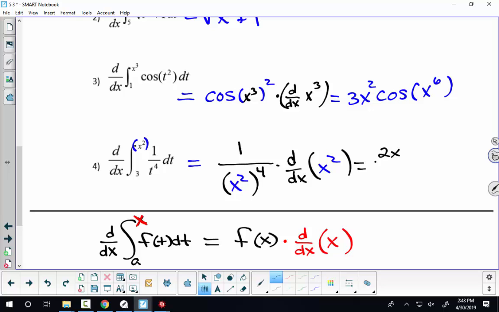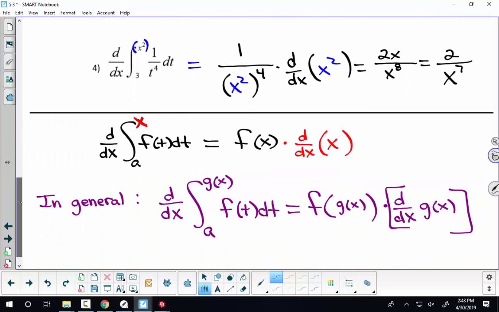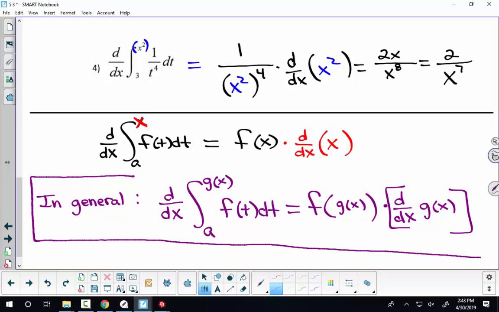So we have 2x divided by x squared to the 4th, x to the 8th, and 2x over x to the 8th is 2 over x to the 7th. Do y'all have any questions on that?